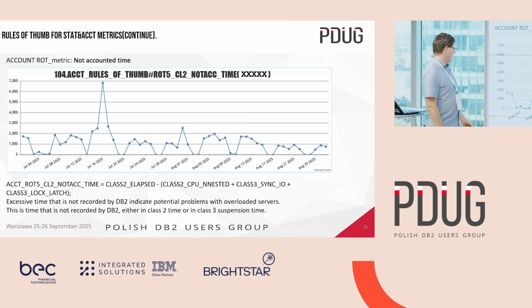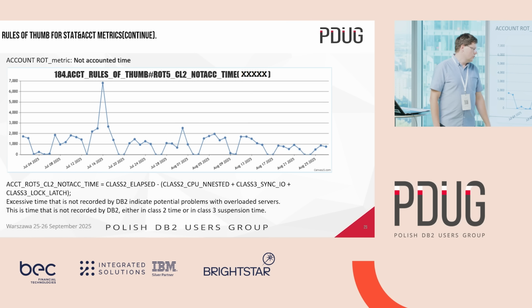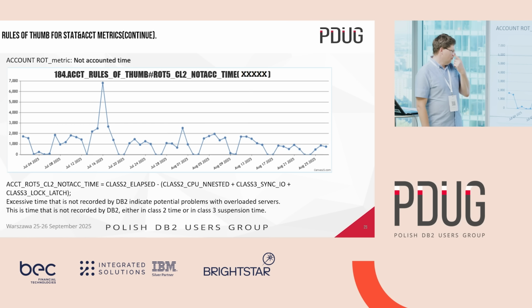This value is calculated like class 2 elapsed time minus the sum of CPU and nested, synchronous I/O, and log latch. As I said before, excessive time that is not recorded by DB2 indicates potential trouble with an overloaded server. This time is not recorded by DB2, either in class 2 time or in class 3 suspension time.